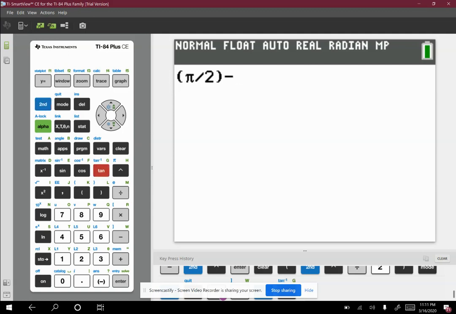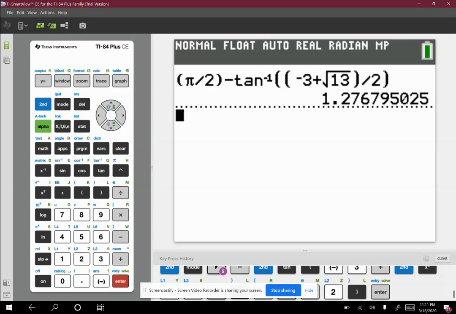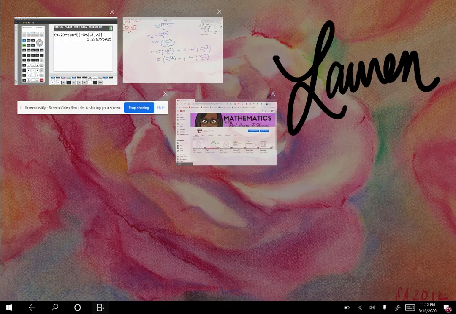Then for me, I'm going to hit the tangent key. And that top quantity for me was -3 plus the square root of 13, and then divided by 2. Close parentheses, enter. So my first answer is 1.276. I'll round it to 2 decimal places. Doesn't matter. 1.28. It's going to be my first one.